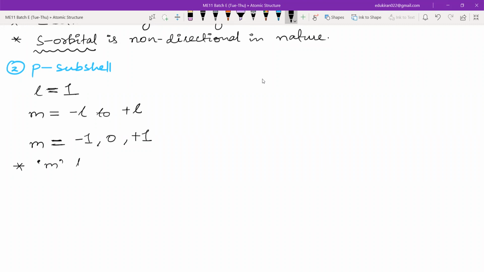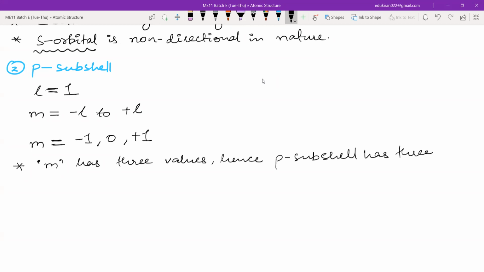M has 3 values. Hence, p subshell has 3 orbitals. Now this is how nature works.